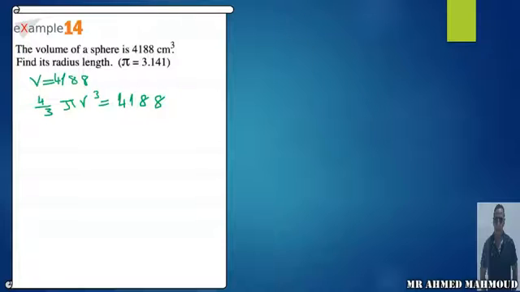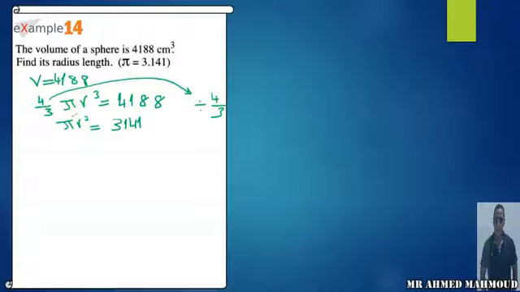Now I'm going to send 4 over 3 to the other side, divided by 4 over 3, then pi r to the power of 3 equals 3141.